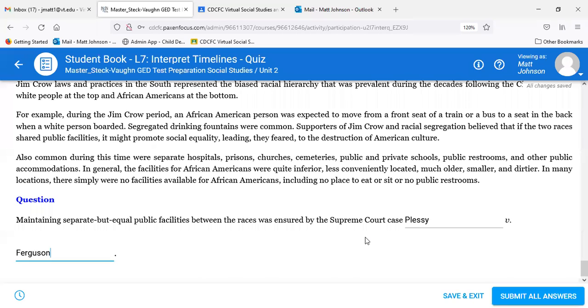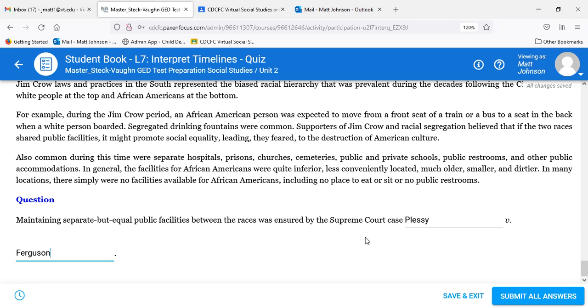And he had boarded a train and was sitting in the white section of the train and was told that he had to move. So there was a federal suit against, I don't know if that was the owner of the train line or who Ferguson was exactly, but basically they took it to court, saying that this violated his rights to have separate cars for black folks and white folks, and they lost the case. And the Supreme Court upheld it at that point, right?